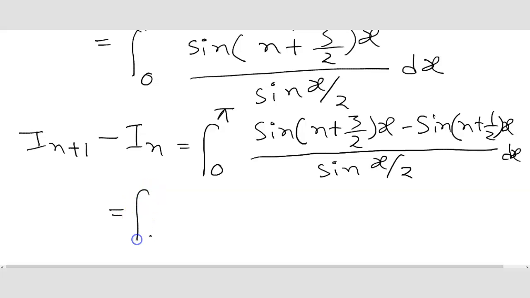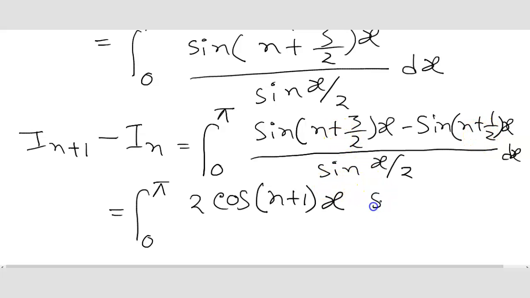So if we apply this formula here, we will get 2 cos of the sum divided by 2, times sin of the difference divided by 2. If we add n + 3/2 and n + 1/2, we get 2n + 2, and if we divide the sum by 2, we get n + 1. If we subtract n + 1/2 from n + 3/2, we get 1, and half of that gives sin(x/2).